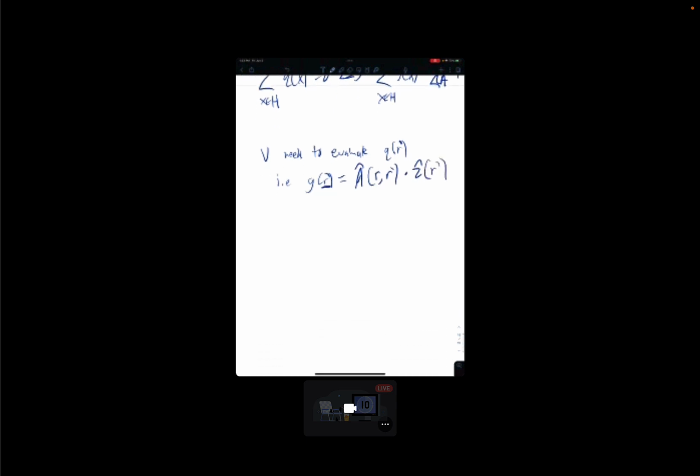Okay, so at the end of the univariate sum check protocol, the verifier has to evaluate G at a random point R prime, and that requires evaluating A hat at a random point and Z hat at a random point. Now, Z hat was committed, so the verifier can get that evaluation from the commitment scheme used to commit to Z hat. And what's left is to get the evaluation of A hat at a random point.